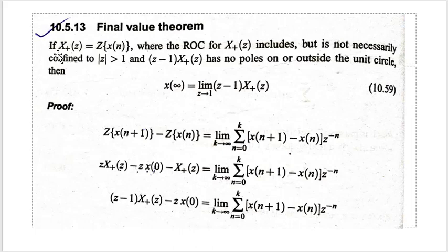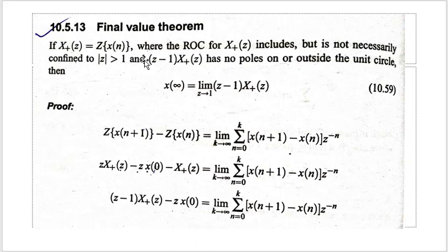So if x plus of z is the z transform of x of n, where the ROC of x plus of z includes, but is not necessarily confined to, mod z greater than 1, and z minus 1 times x plus of z has no poles on or outside the unit circle. This is the important condition for the existence of the final value.